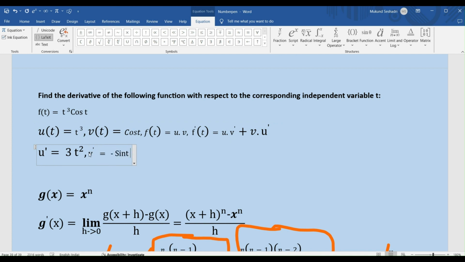Minus of sine t. And so what is my f dashed of t, which is nothing but uv dash plus vu dashed, right? So when I write that, let's move to the next line.